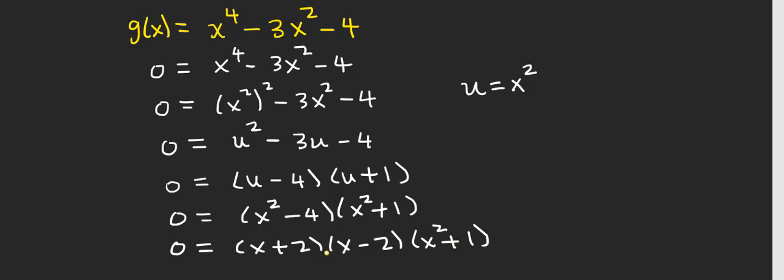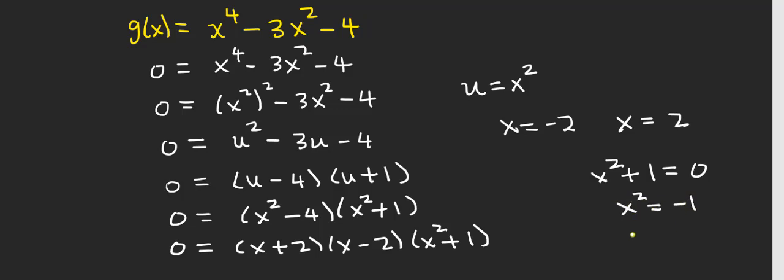So now what are the values of x? Well, set each factor equal to 0, you solve, and you get x equals negative 2 and x equals positive 2. And you might wonder, what about x squared plus 1? Well, when you have x squared plus 1 equal to 0, you get x equals plus or minus radical negative 1.